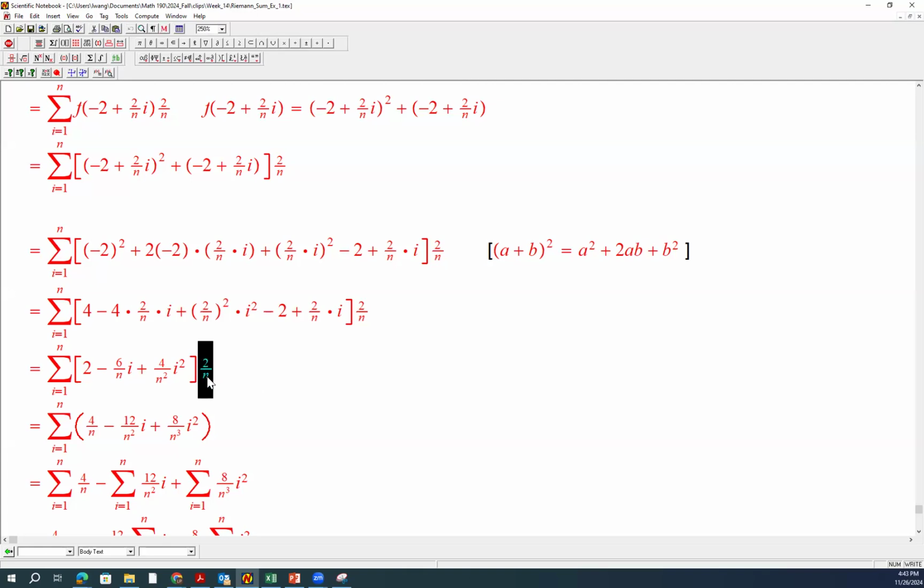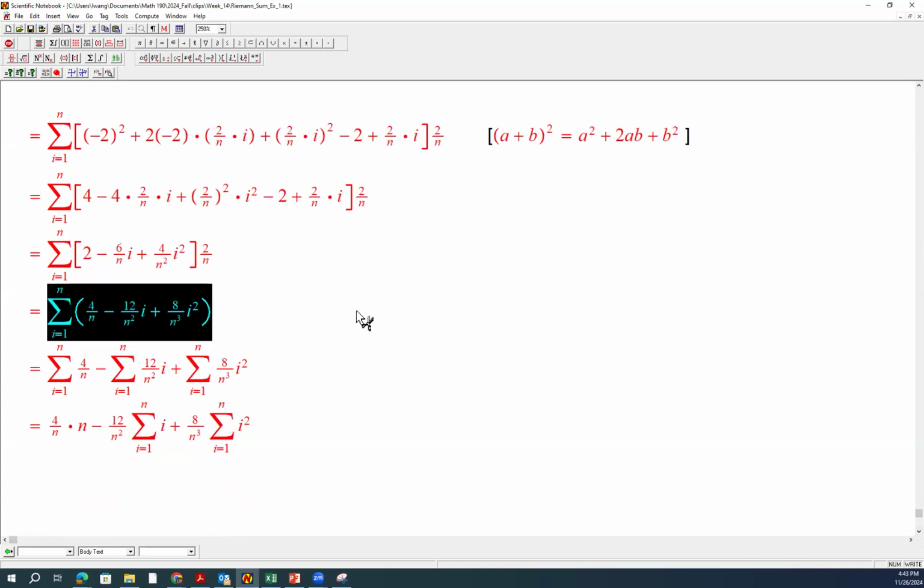I took 2 over n times 2, that's 4 over n. 2 over n times 6 over n i, that's 12 over n squared i, plus 2 over n times 4 over n squared i squared, we got 8 over n to the power of 3 i squared. And then we separated this one single summation into 3 summations.